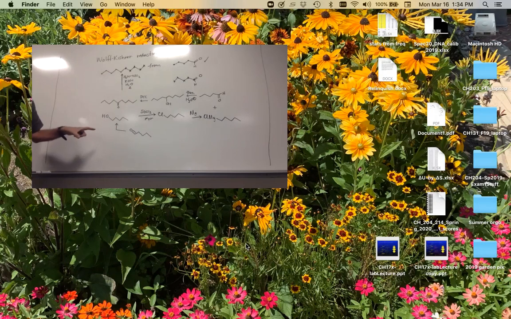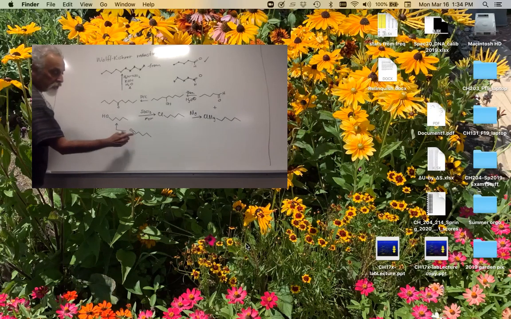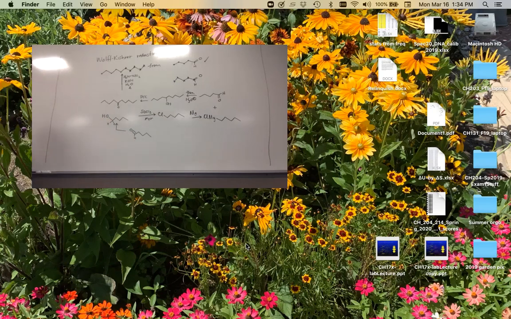So I guess the important critical thing to notice here is that this carbon is bonded to one hydrogen. This very same carbon is going to be bonded to two hydrogens in the target that we're looking for. It's an increase in the number of bonds to hydrogen, and that is a reduction.